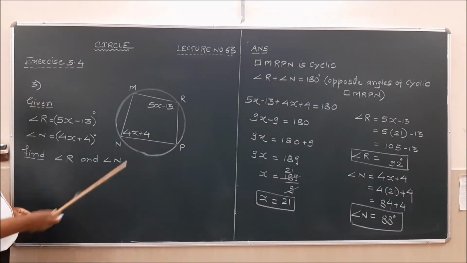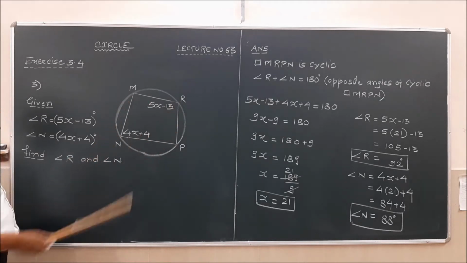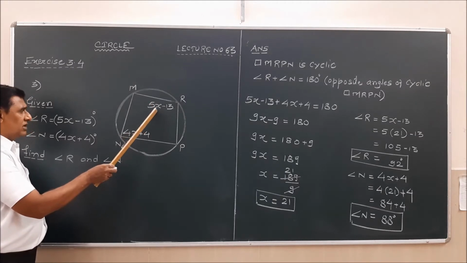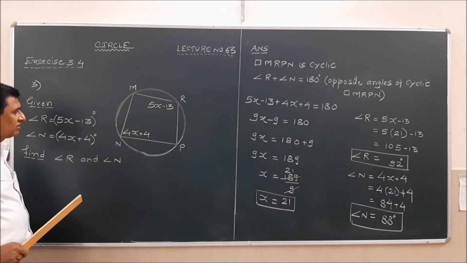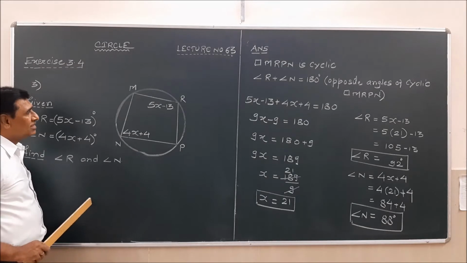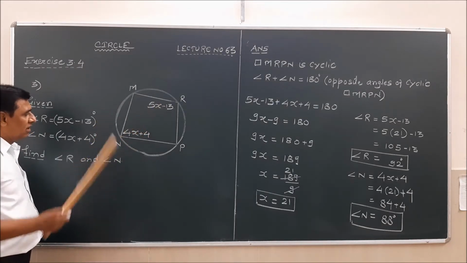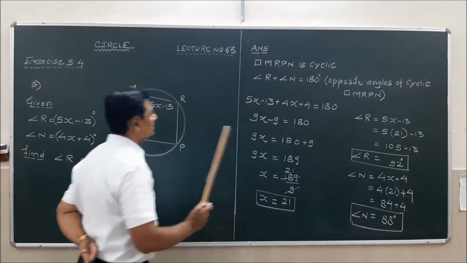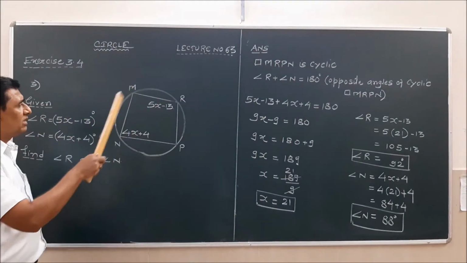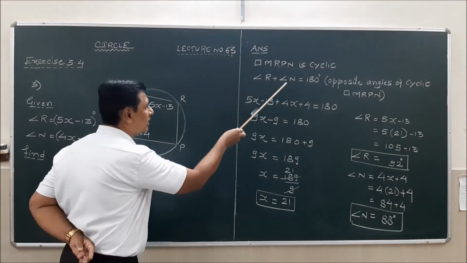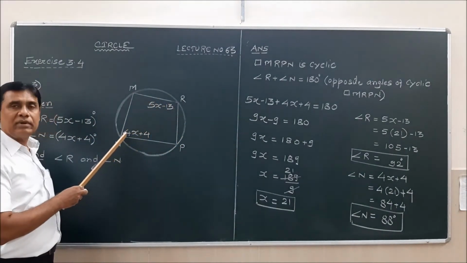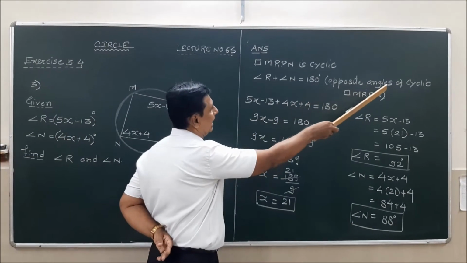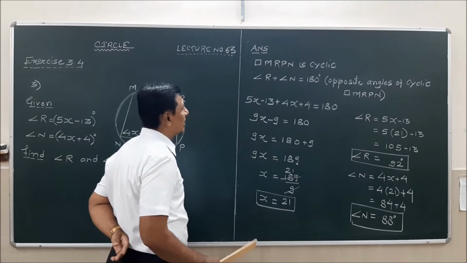So you will find that quadrilateral MRPN is given as a cyclic quadrilateral. The value of R is given as 5x minus 13. The value of N is given as 4x plus 4. The question asked is to find the value of R as well as N. MRPN is cyclic, so angle R plus angle N are supplementary angles, opposite angles of cyclic quadrilateral MRPN.